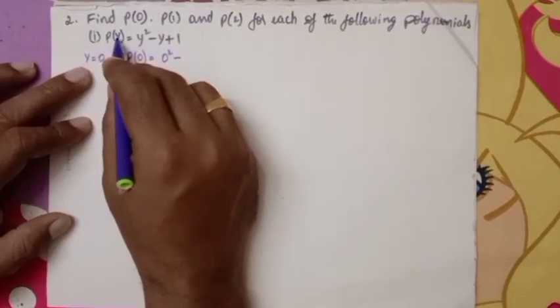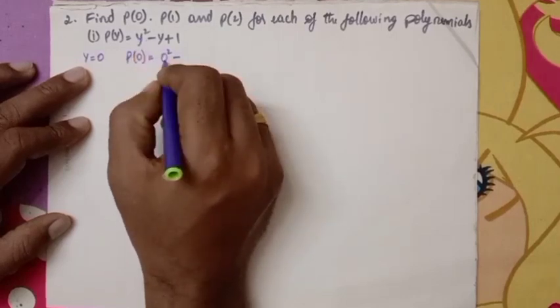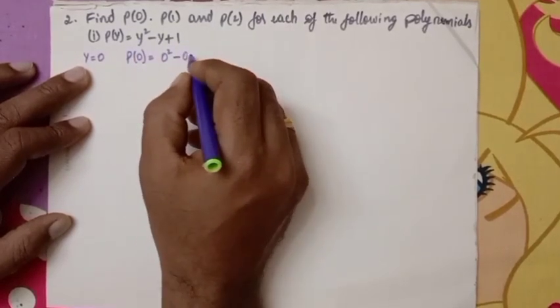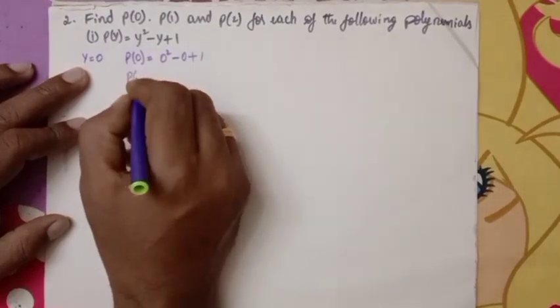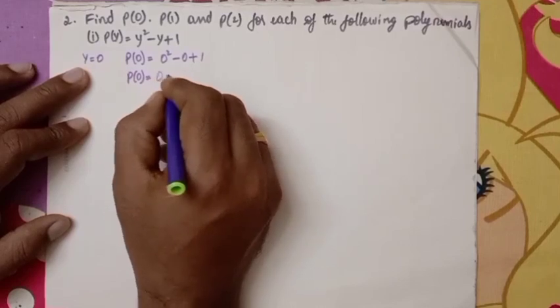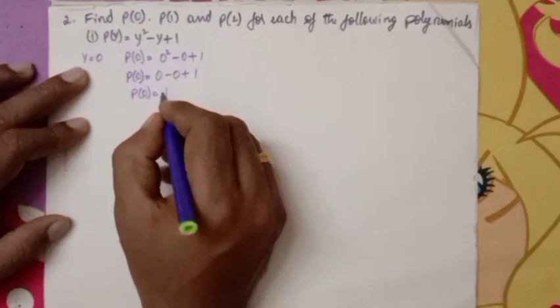So, in place of y we should write 0. Likewise, in place of y we are writing 0 square minus 0 plus 1. So, p of 0 is equal to 0 square is 0, 0 minus 0 plus 1, that is p of 0 is equal to 1.